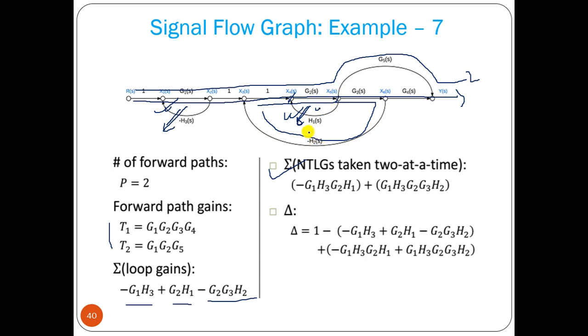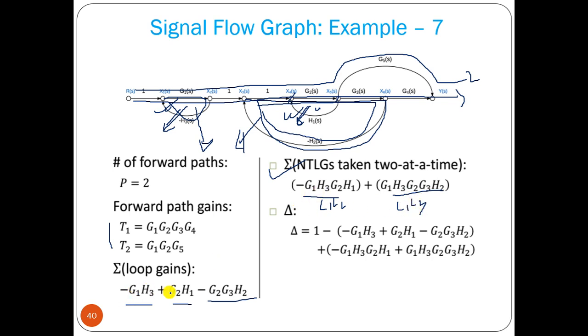So L1 and L2 are the non-touching loops, and we can say this L1 and this bigger loop are also non-touching because this loop has these 4 nodes. This loop has only these 2 nodes, those are not common, so non-touching. So L1 L2 non-touching loop, and L1 L3 also non-touching loop. That gain you have to multiply.